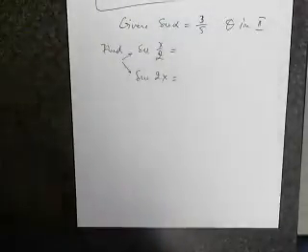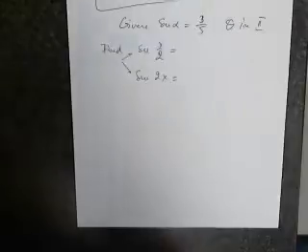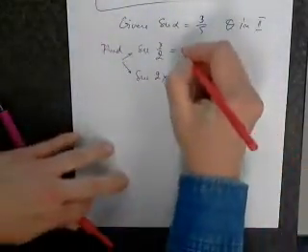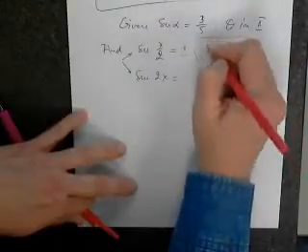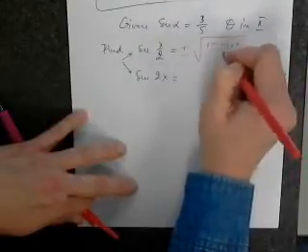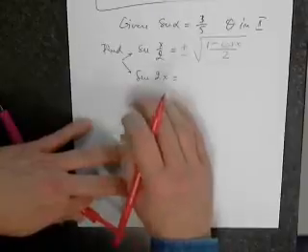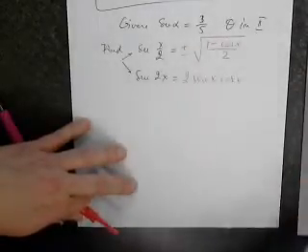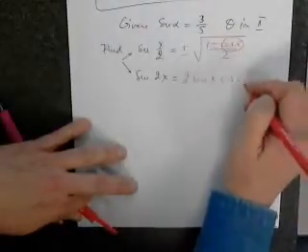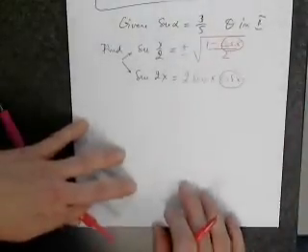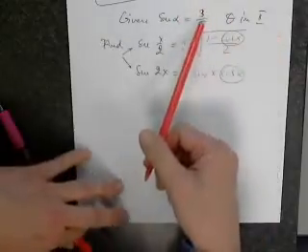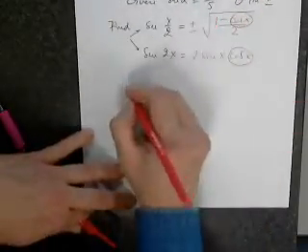What do I have to find first for sure? Cosine, exactly. Why? Because I know this formula is plus or minus the square root of 1 minus cosine over 2. And this formula is 2 sine x cosine x. No matter what I do, I have to have cosine. Theta is in the second quadrant. Sine is 3/5. What will be cosine?